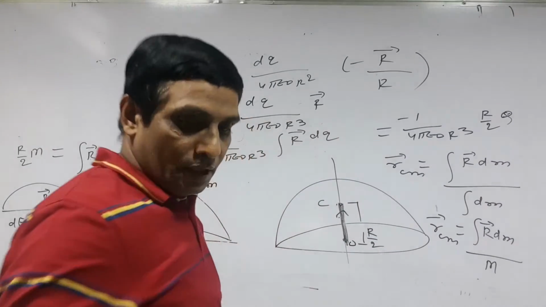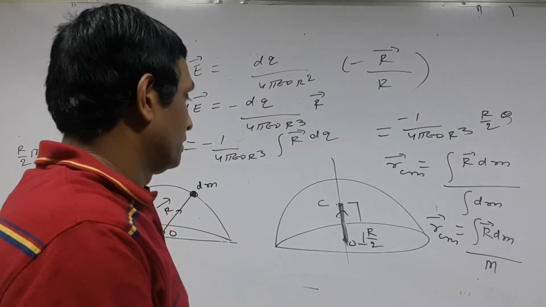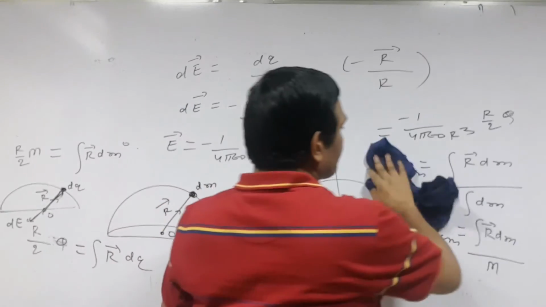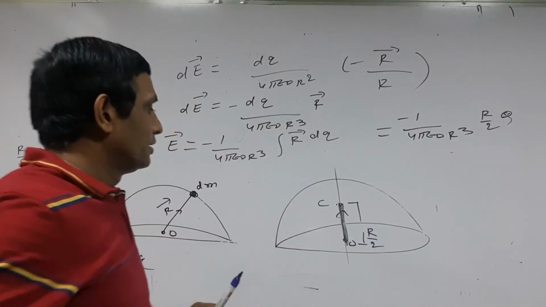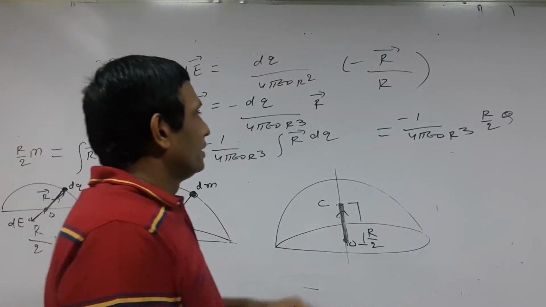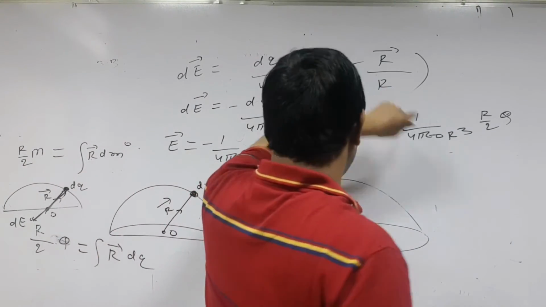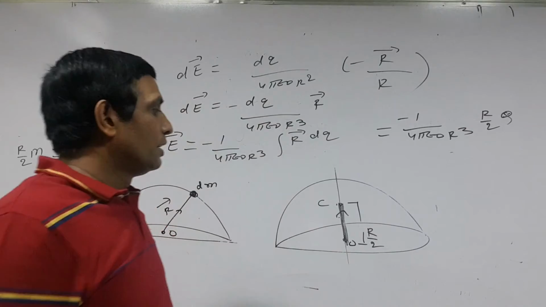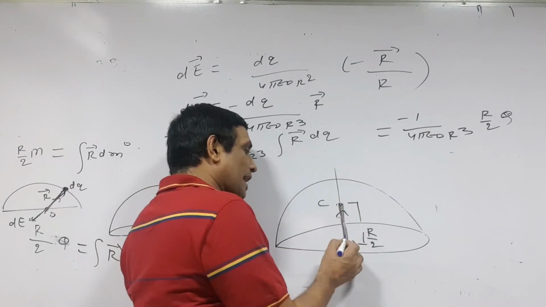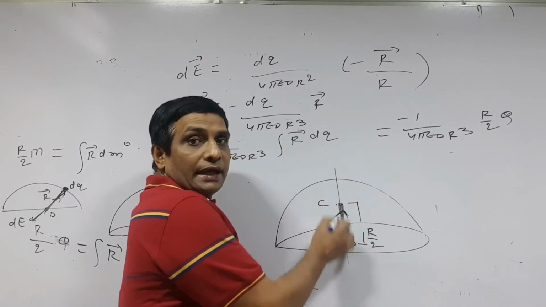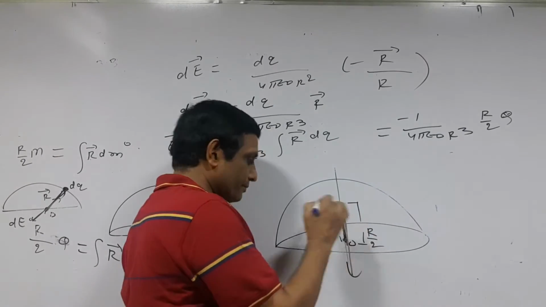But the direction will be in which direction? Here the minus sign is available, so this electric field will be in the opposite direction of this direction, and that will be in this direction.